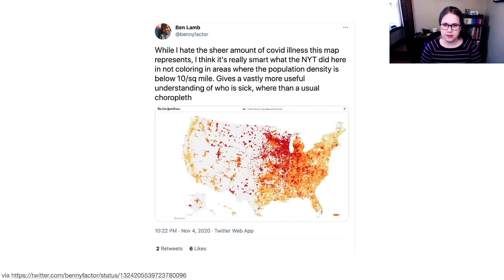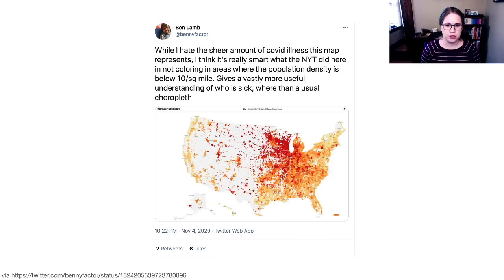So I liked this strategy that the New York Times was using in 2020, where they said, we're just not going to show the areas that have very low population density. So instead of having the whole Midwest look like a solid wall of red, like we saw a few slides ago, we're going to just eliminate those places in the Dakotas and Wyoming that have really low population density, and we know they're going to have that high variability.